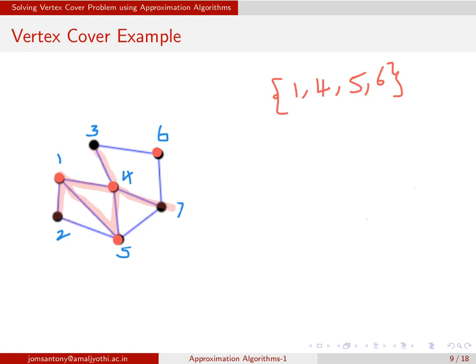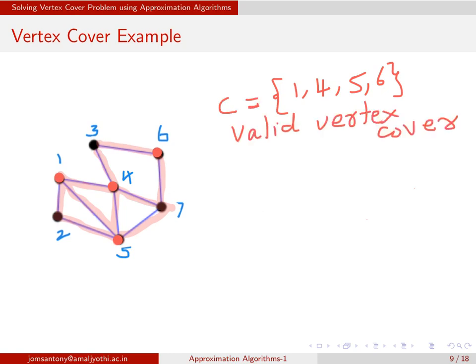Similarly, the edges covered by 5 are (5,7), (5,2). (5,1) and (5,4) are already covered. Now the edges covered by 6 are (6,3) and (6,7). So we can see that all the edges are covered. So it clearly indicates that the set {1, 4, 5, 6} is a valid vertex cover and the size of the vertex cover is 4.